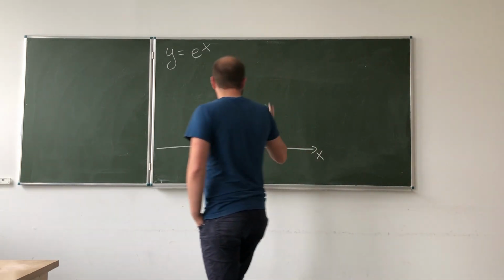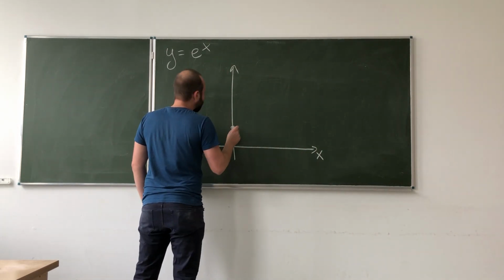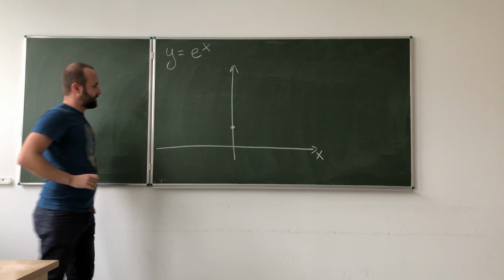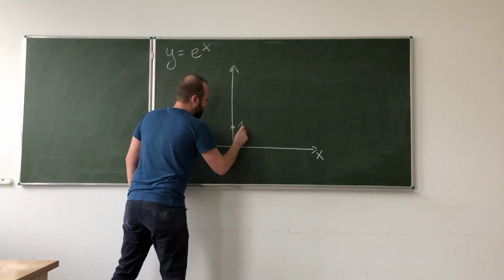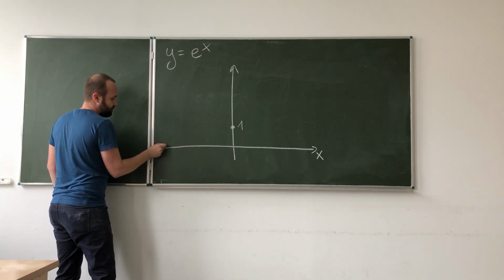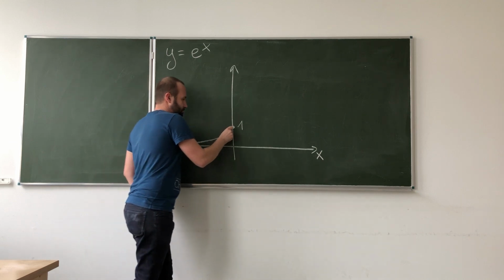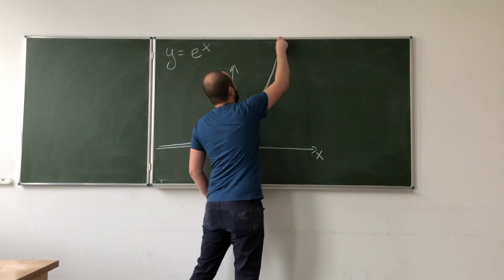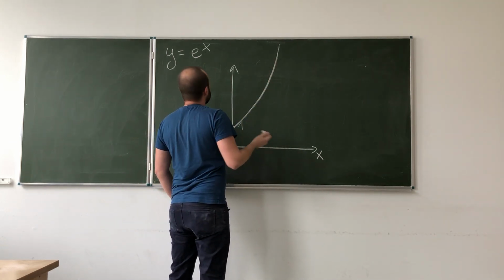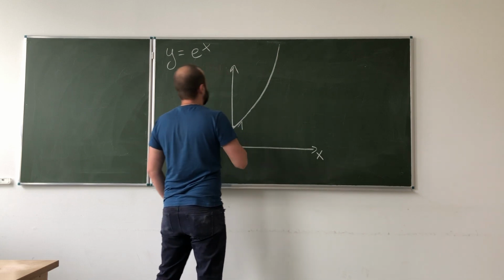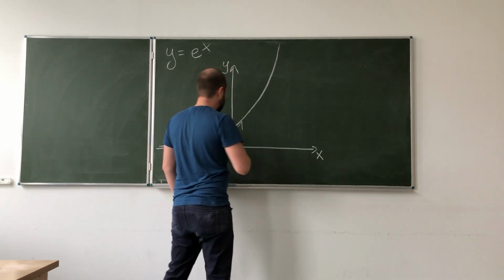The general curvature will remain the same. Look, if x is equal to 0, we got a 1, and then this function looks like this. And basically, this is it. We already drew the function.